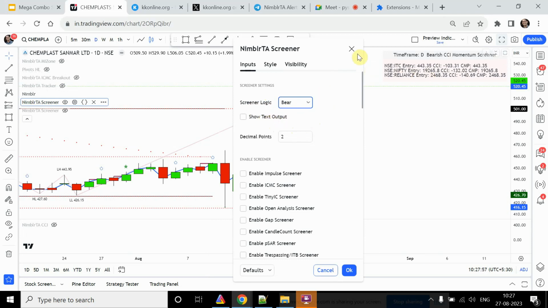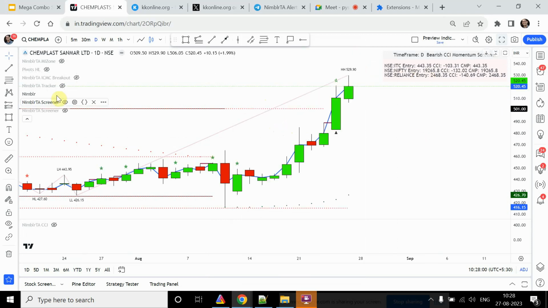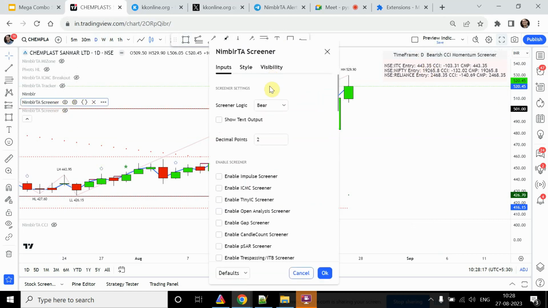When I clicked on the screener, there was a pop-up which came over here. Here, we tell what time frame we are at. Currently, I am on a daily time frame, and the time frame for this screening strategy is also daily. I have chosen bear strategies over here, so it tells me that I am looking into stocks which are bearish in nature.